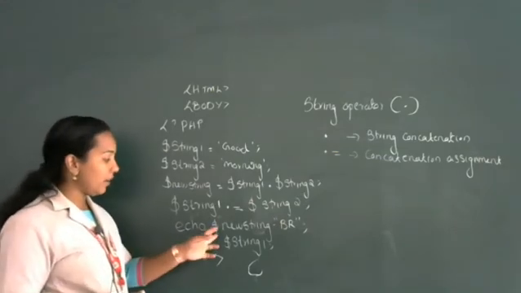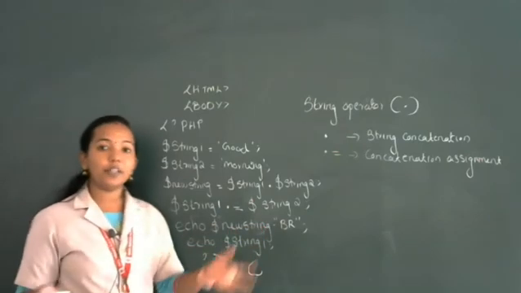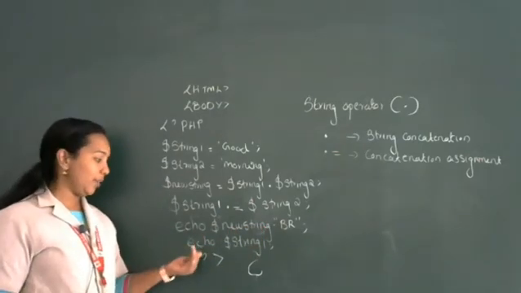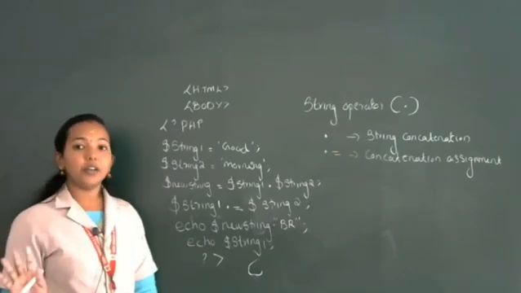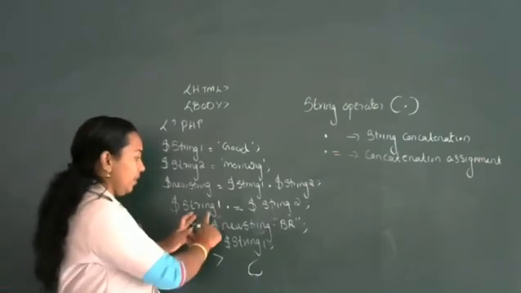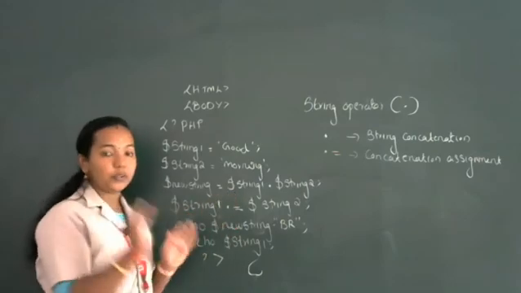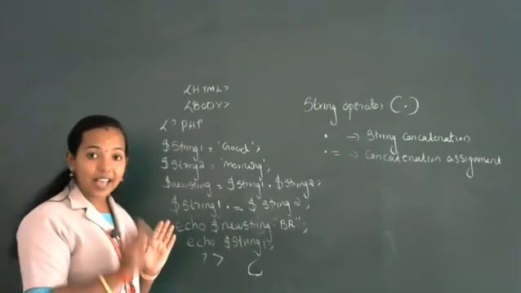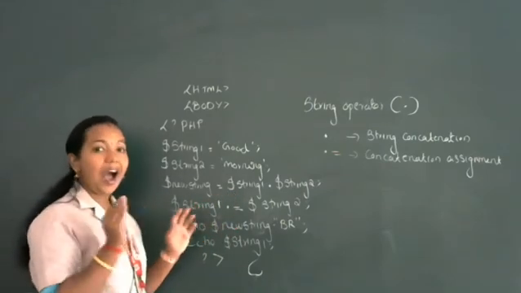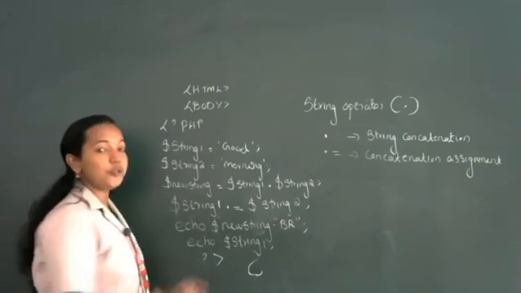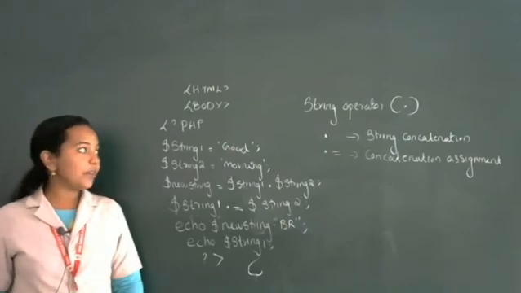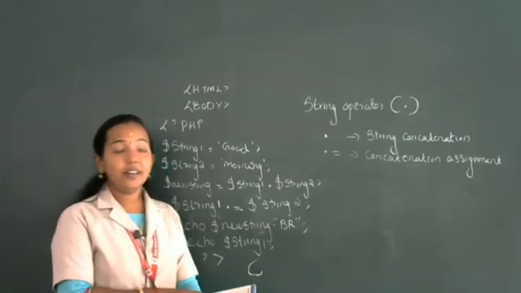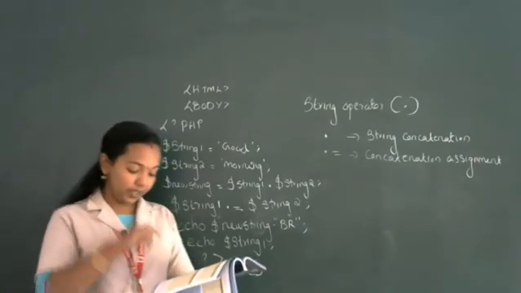So when we print echo $newstring, what will be the output? Good morning. And if you print echo $string1, good morning also will come. Because in string1 .= , first the second string is attached to string1, after that it is assigned to string1. That's why the dot equal to symbol means concatenation assignment operator.